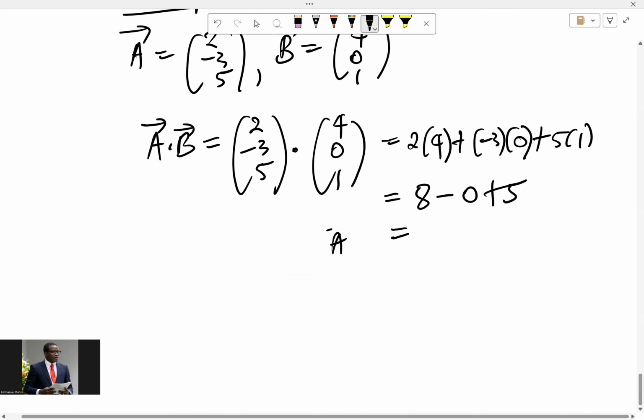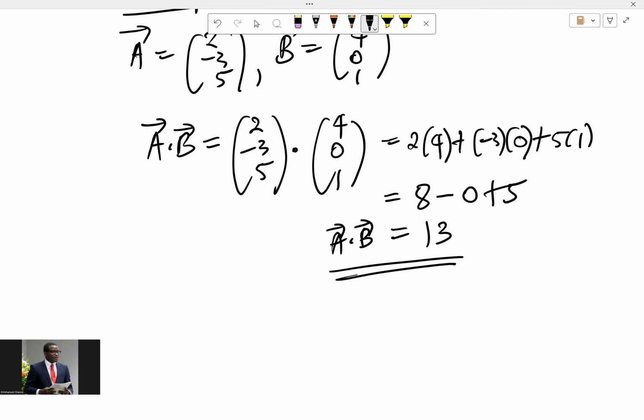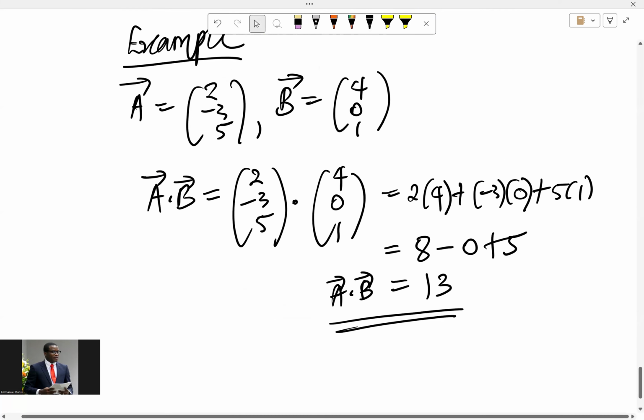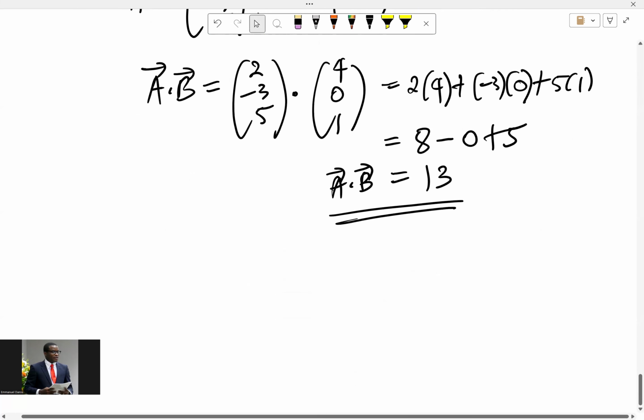So the dot product of A and B is simply 13, like that. Let me just check that it is 13. Okay, it's 13.